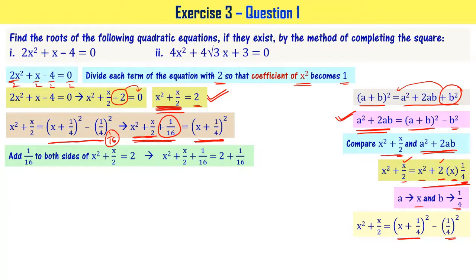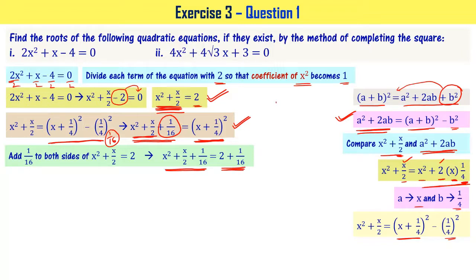When you add 1 by 16 to both the sides of this equation, it becomes x square plus x by 2 plus 1 by 16 equal to 2 plus 1 by 16, right? This is clear. x square plus x by 2 plus 1 by 16 is (x plus 1 by 4) whole square, right? Now let's find the value of this.